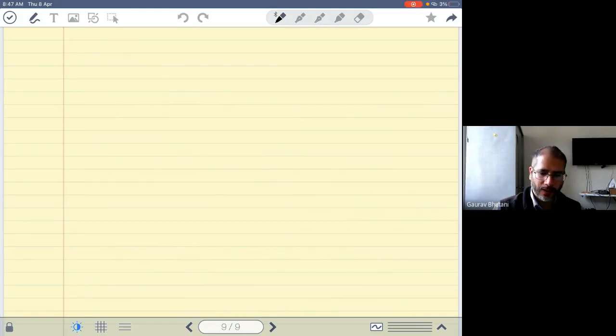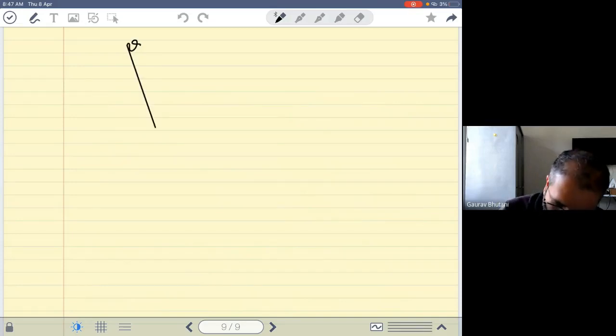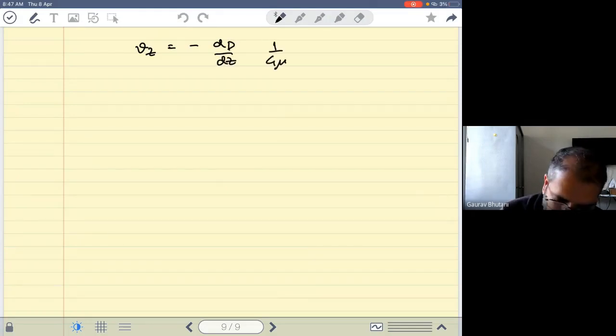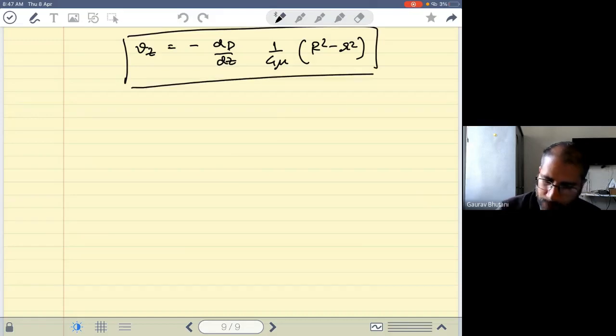You will get a relation where your Vz... so you can see that it is similar to what we got earlier. It's parabolic in r, small r.